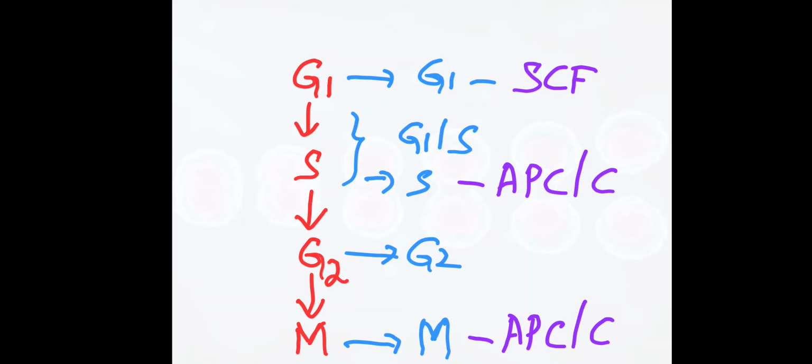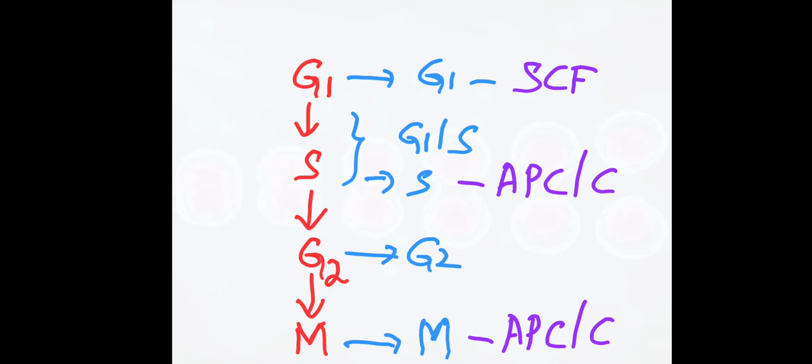So the rise and fall of cyclin levels, that is cyclin synthesis and degradation, is the primary determinant of CDK activity. Whether the CDK is active must be because cyclins are more in number and synthesis of cyclins is more, and that cyclin will bind to this CDK and regulate the cell cycle.